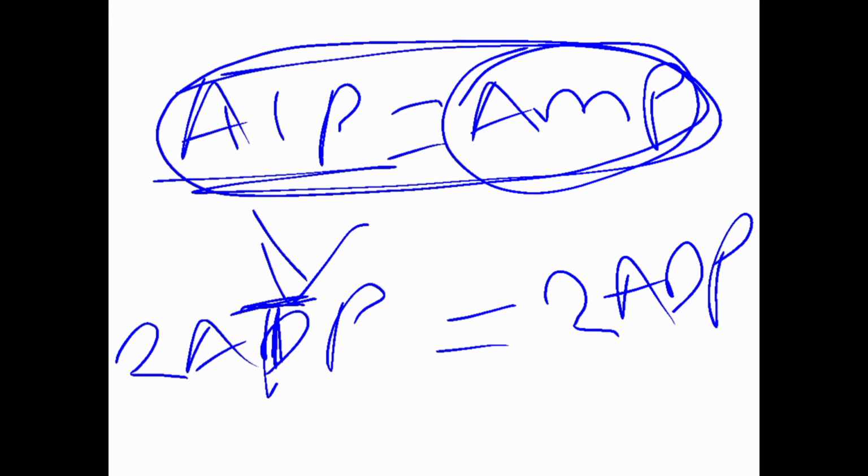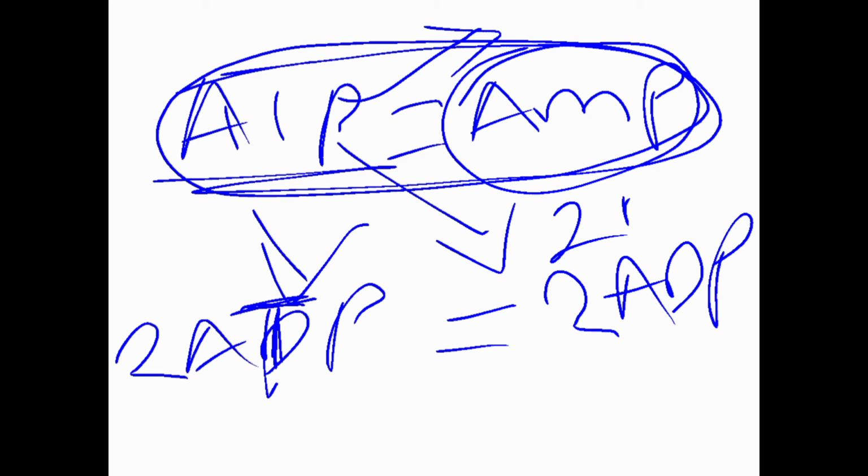If you watch the video on that activation, you will see that we broke this ATP. We removed one inorganic phosphate, then the pyrophosphate was left. We broke it again, and we generated 2 molecules of inorganic phosphate.